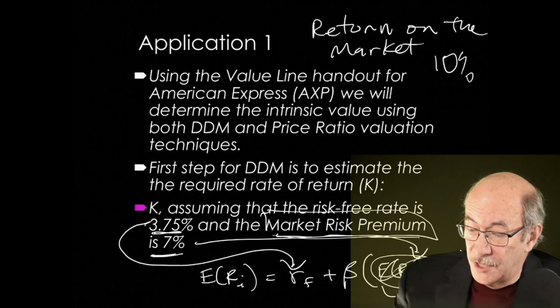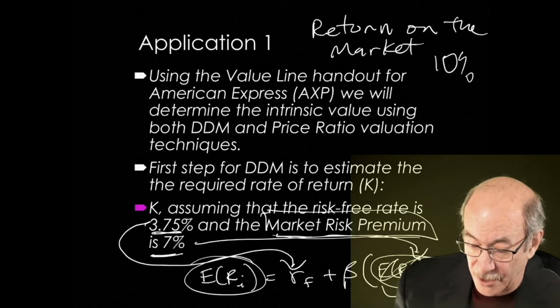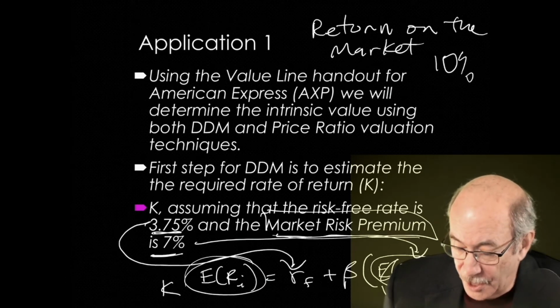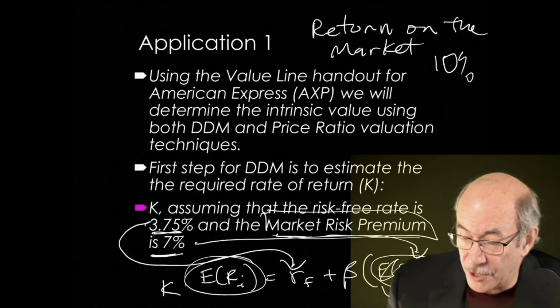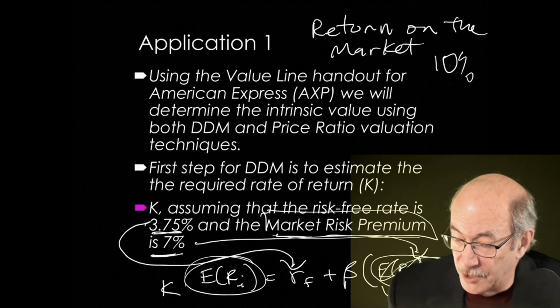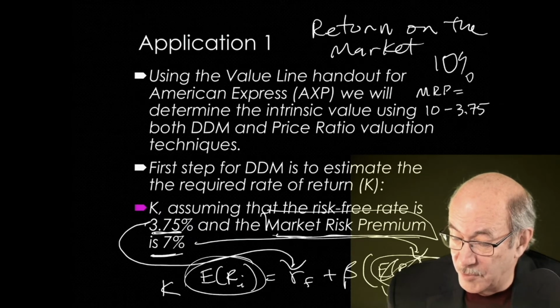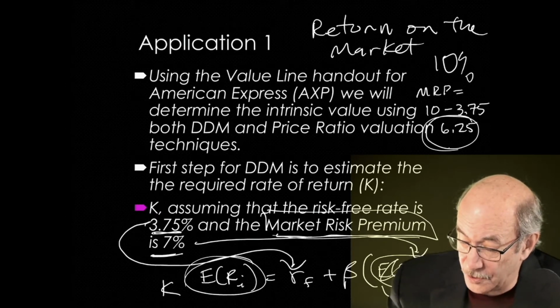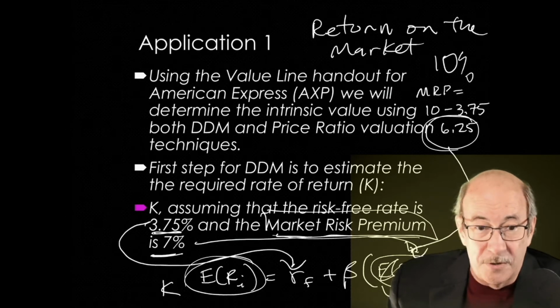Then to calculate your K here, which, by the way, is just different notation, that's also K, I would have to figure out first what my market risk premium is. The market risk premium is equal to 10% minus 3.75, because that's the risk-free rate. So it would be 6 1/4 in this case, and that 6 1/4 would go into these parentheses.